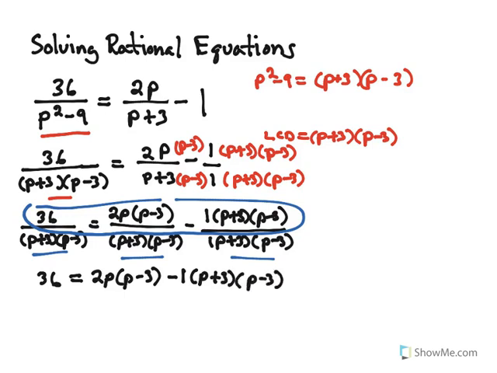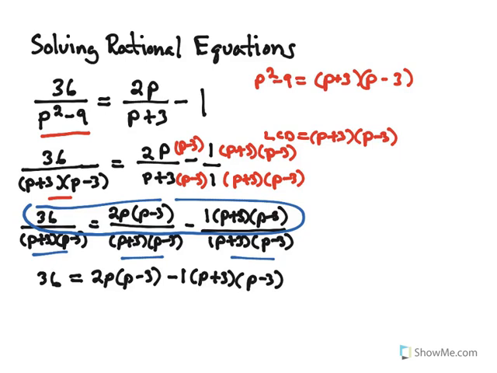Now we need to solve this equation. Unfortunately, we're going to have to FOIL this out. We're going to have to distribute the 2p with the p minus 3 and then FOIL the p plus 3 and the p minus 3. So a little bit of work, but it's doable.